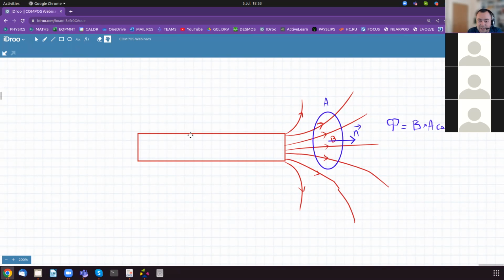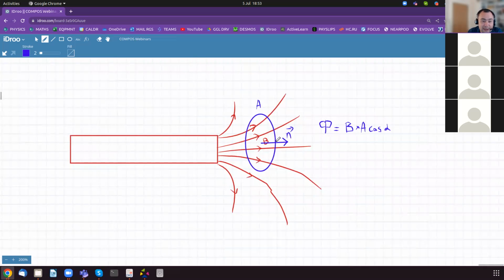Magnetic flux is measured in Webers, and if you have a magnetic field, let's say 0.2 Tesla, and the area of the loop is, I don't know, 0.5 square meters, and it's at right angles.